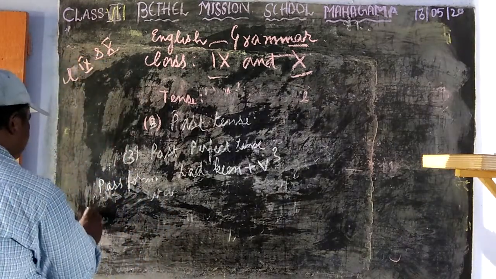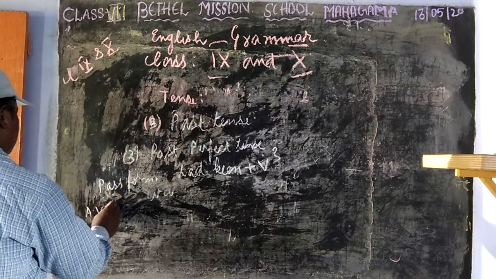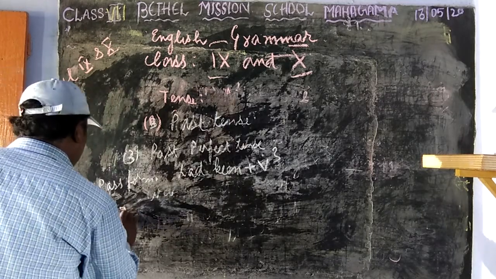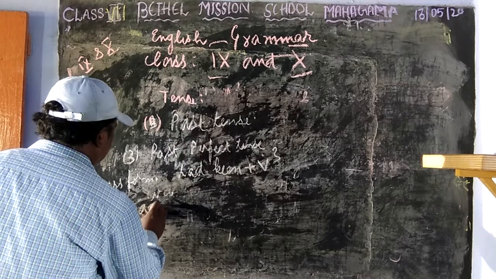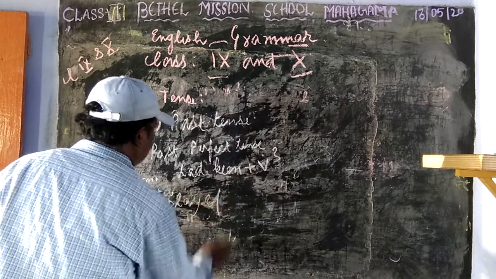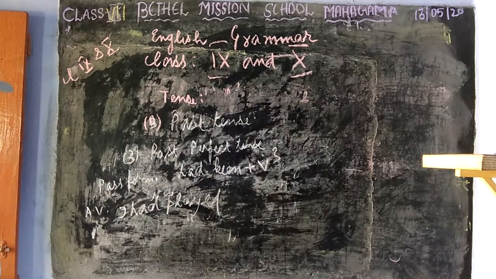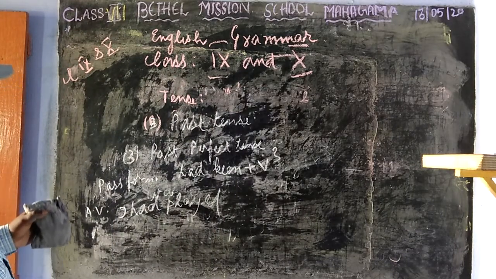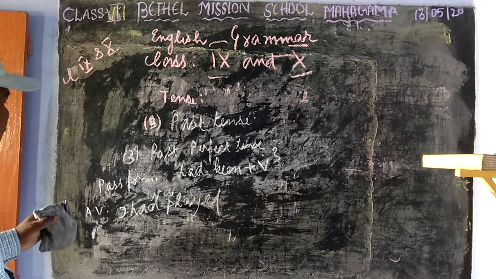Example in active voice, I had played football. In active voice, example in past perfect tense is I had played.